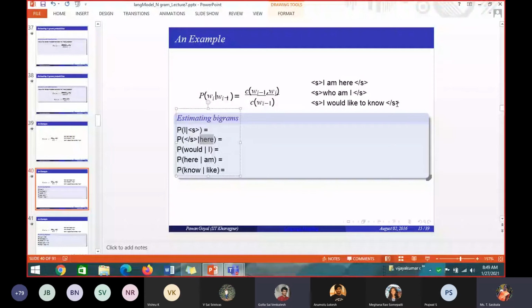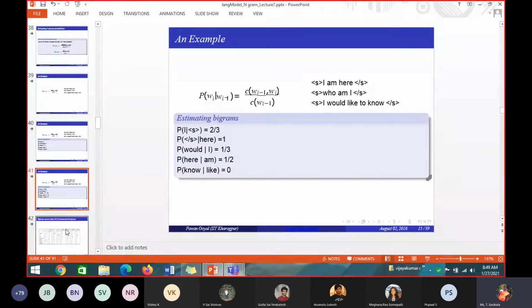Before that, how many times is here followed by end of the sentence? 1, divided by here alone occurring in my corpus, which is 1. So 1 by 1 is 1. Yes or no?